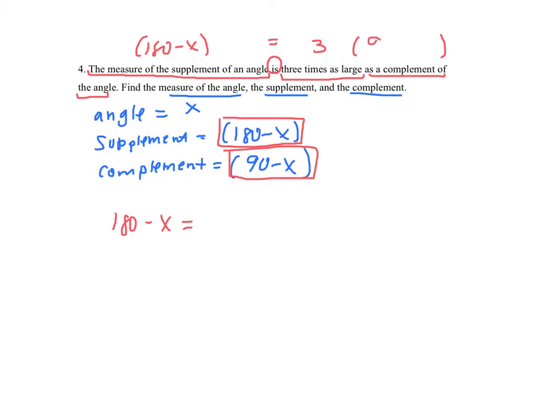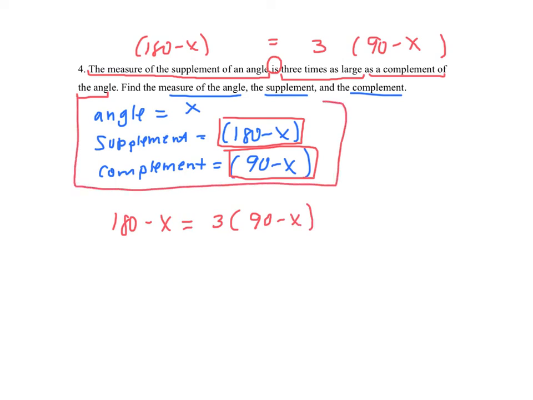So come back up. 90 minus x goes in the parentheses. So here's the rest of our equation. We have 180 minus x, we have our equal sign, and on the right hand side of the equation you write 3 times 90 minus x. So this piece up here, really important to start off with that, and then the equation kind of writes itself.